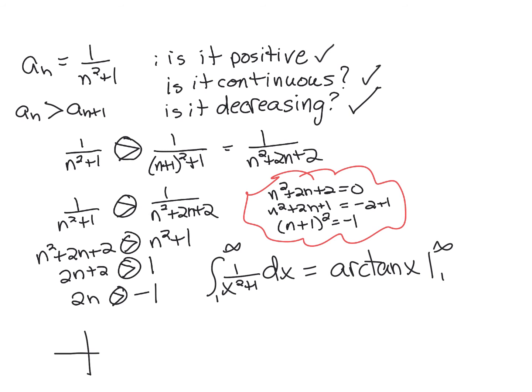Where is the arctangent infinite? Or where is the tangent infinite? Well, the tangent is the sine over the cosine. And for this to be positive infinity, it has to be in quadrant 1, and the denominator has to be 0.